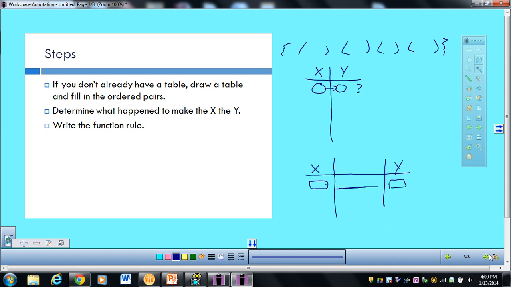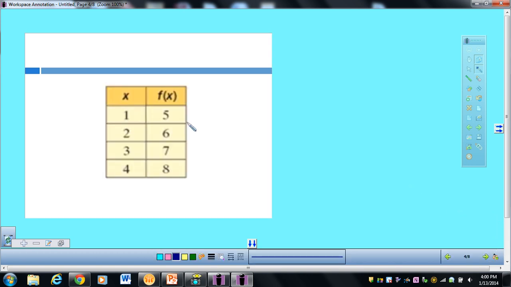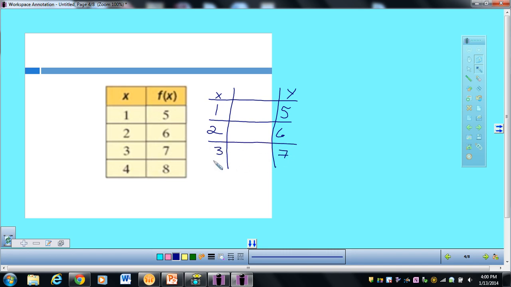So let's try a couple out. Here we have this table, and just to make things easier, I'm going to make another table that's got the function rule in it. We went from 1 to 5, then from 2 to 6, from 3 to 7, and from 4 to 8.